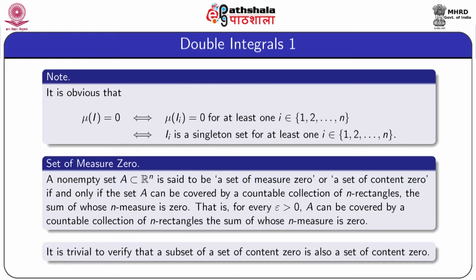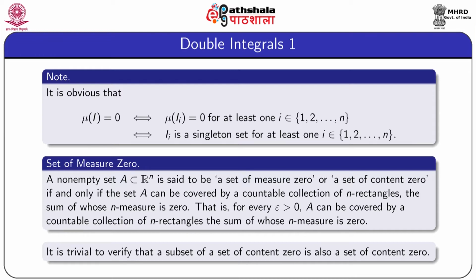Now we are going to introduce an important concept, set of measure 0. A non-empty set A, a subset of Rn, is said to be a set of measure 0 or a set of content 0 if and only if the set A can be covered by a countable collection of n-rectangles, the sum of whose n-measures is arbitrarily small.